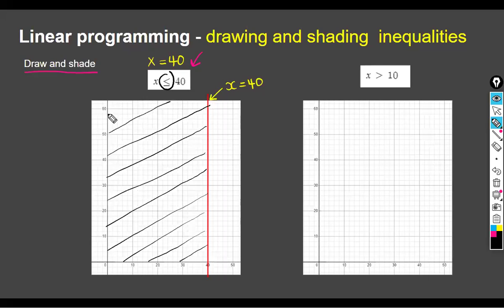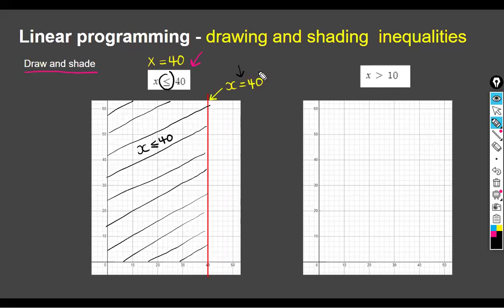This one is just a little different because, like I said, a vertical line doesn't have an above portion and a below portion. It's either left or right. Now, the name of the region we just shaded out is x is less than or equal to 40. The name of the actual red line has the equal sign in it.